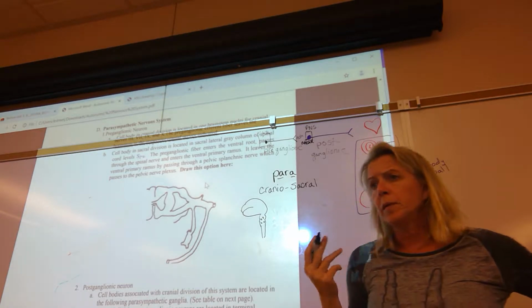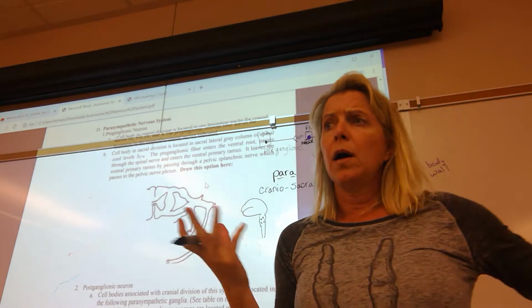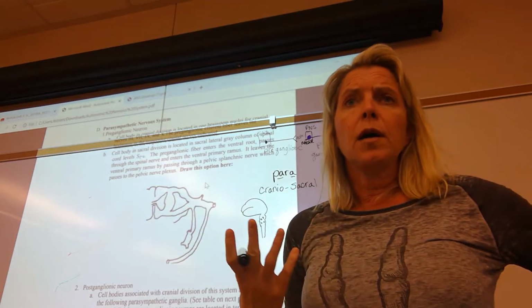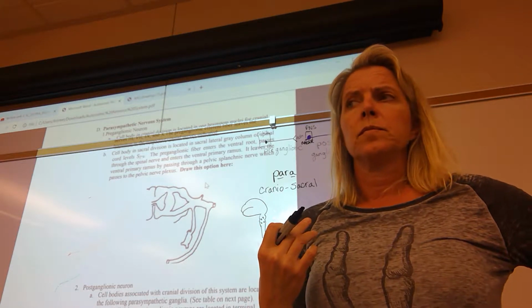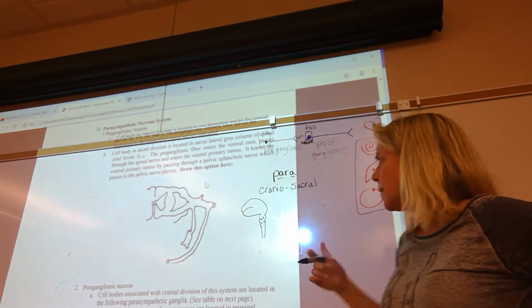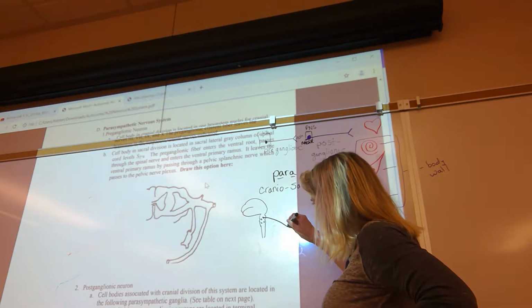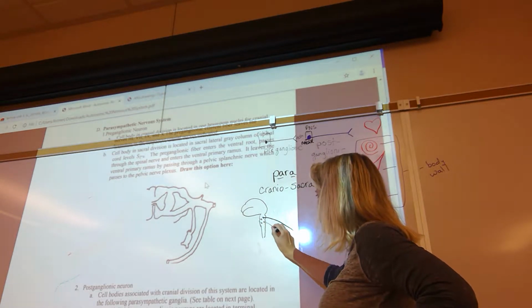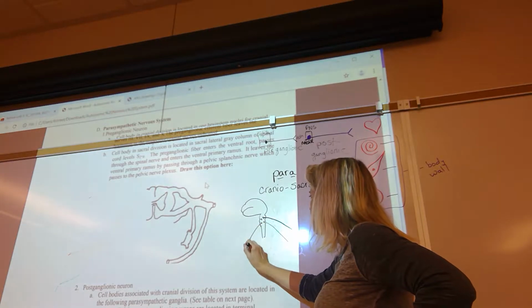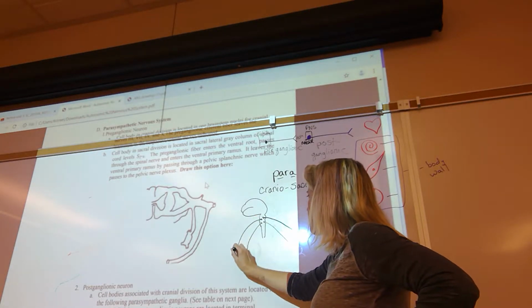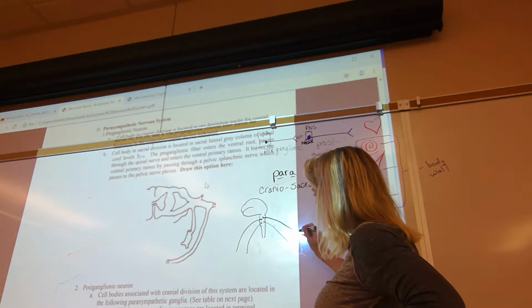These are found in the midbrain, found in the pons, found in the medulla oblongata. From this part of the brain, there are 4 cranial nerves that exit that are part of the parasympathetic division.